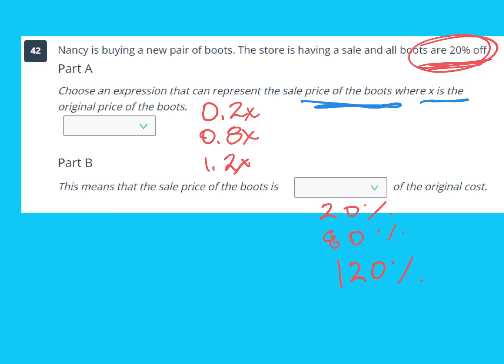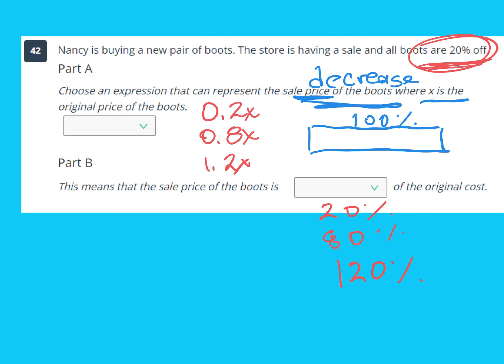So this is a perfect opportunity for me to use my tape diagram where this is 100%. The sale price means it's a decrease, right? So it means it's going to be less than 100, and it's 20% less.